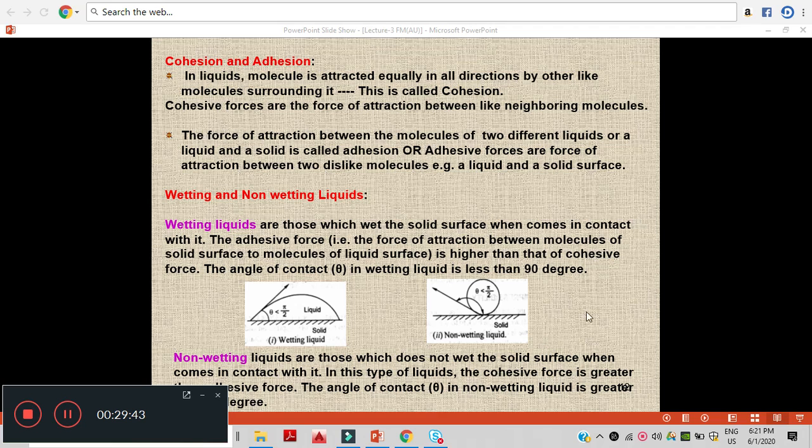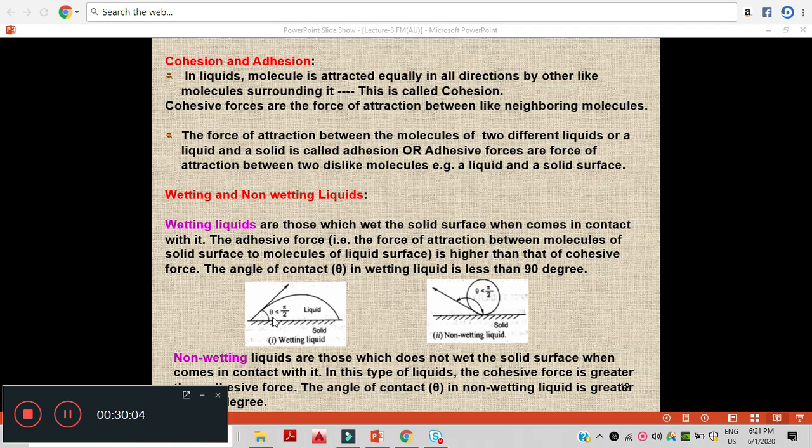If the drop of liquid comes with this shape, we draw a tangent to the solid surface at the edge of the fluid droplet.